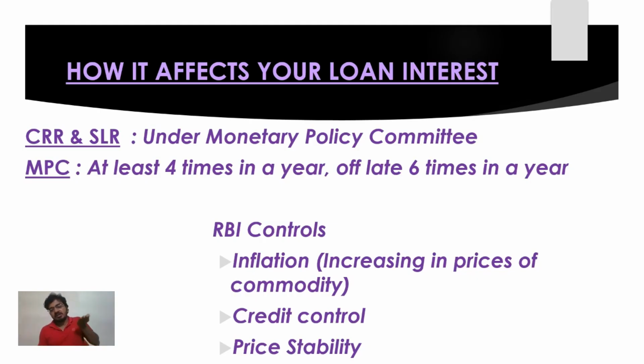So the price of the commodity keeps on increasing, the value of the money keeps on decreasing, so it becomes inflation. To control this, RBI plays the role of determining how much money should be in the hands of the people and in the hands of banks to control the stability in the economy.